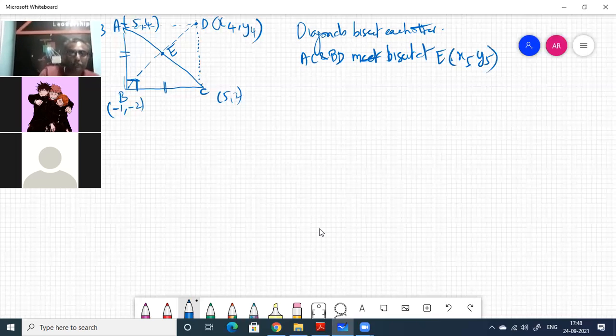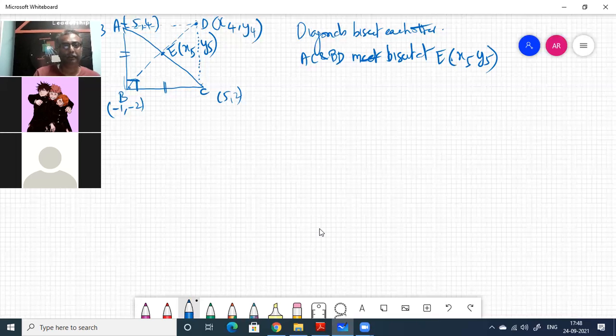So you first find the midpoint E from AC. A and C are given, you find the midpoint. Then you take the BD line. In the BD line, you now know B, and you now know the midpoint. You can find the other point.